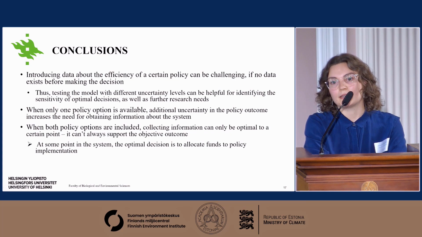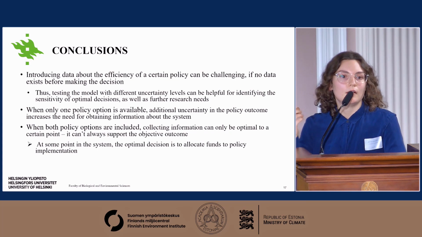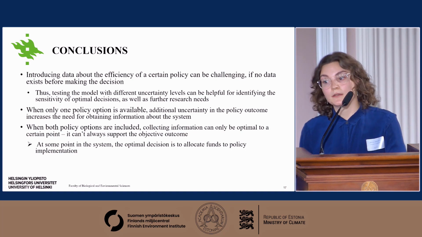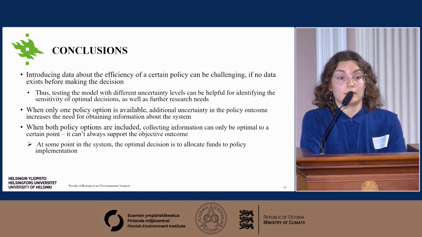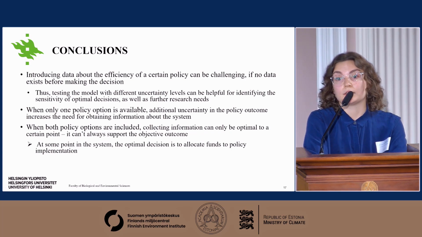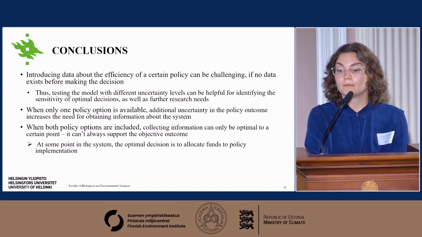So what does that do to the optimality of other decisions or the need for further information, and in what variables? So testing these models with implementation uncertainty can be beneficial.